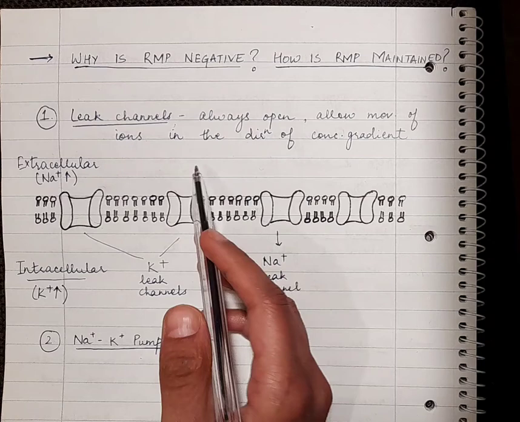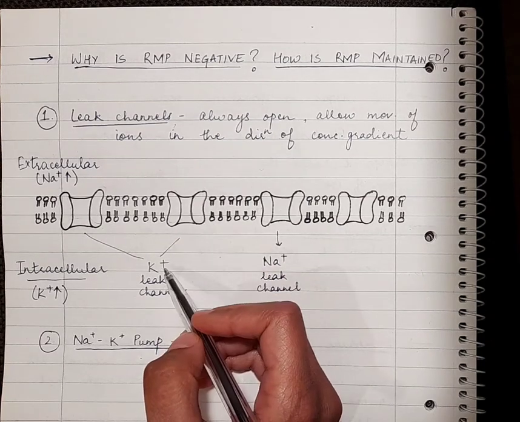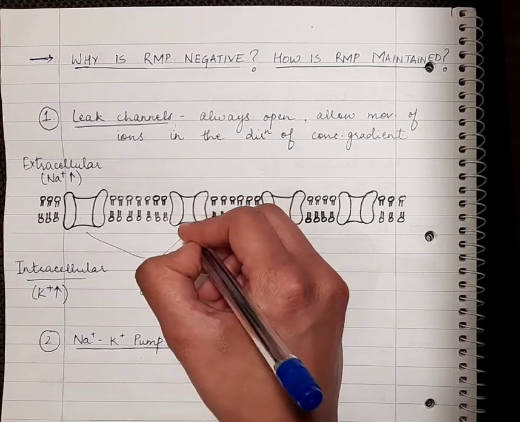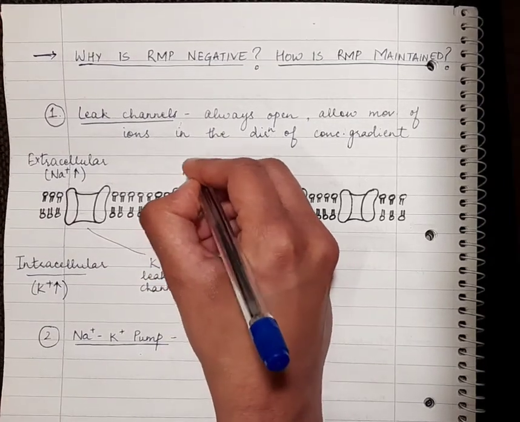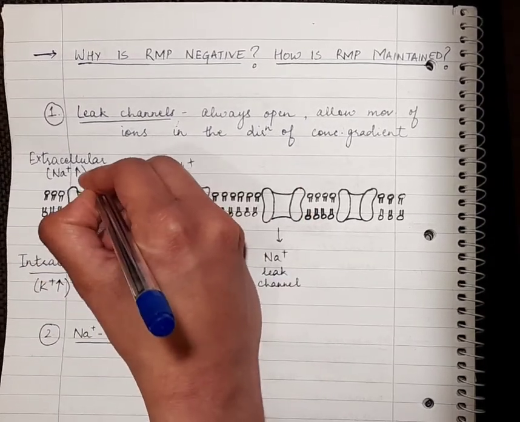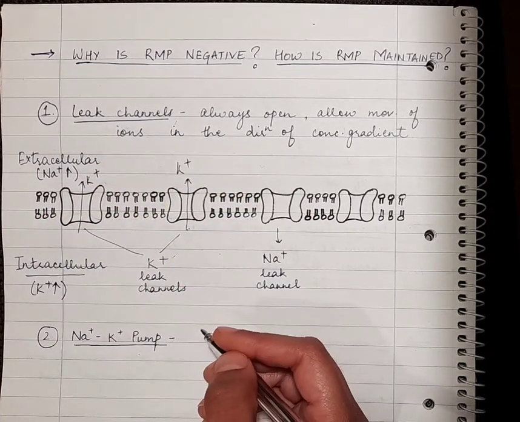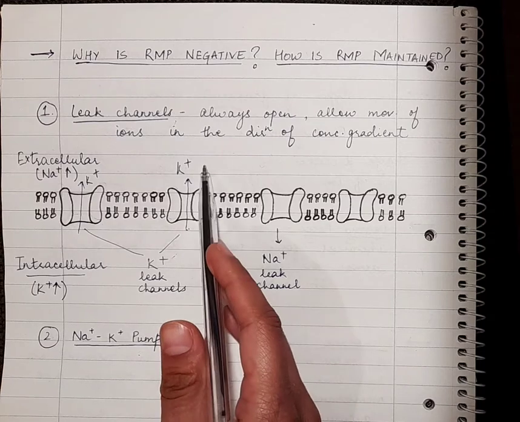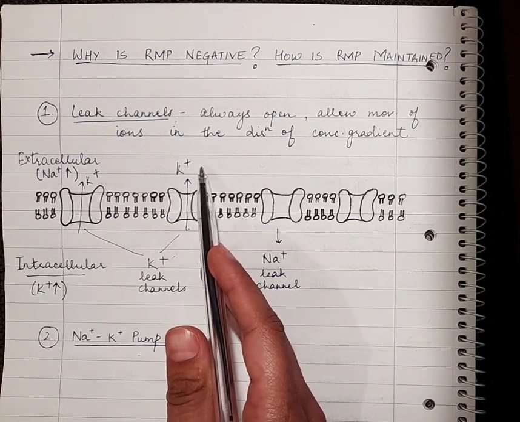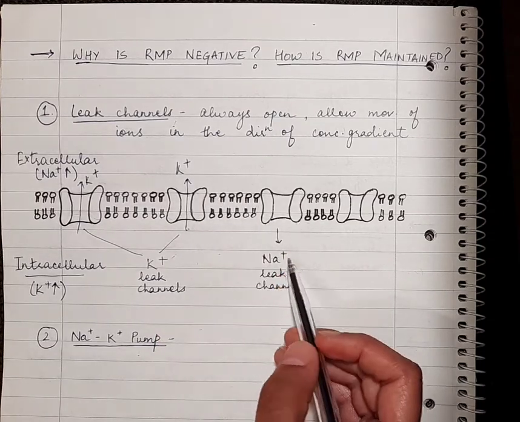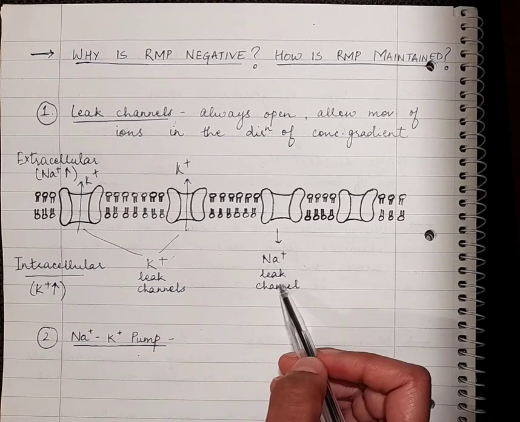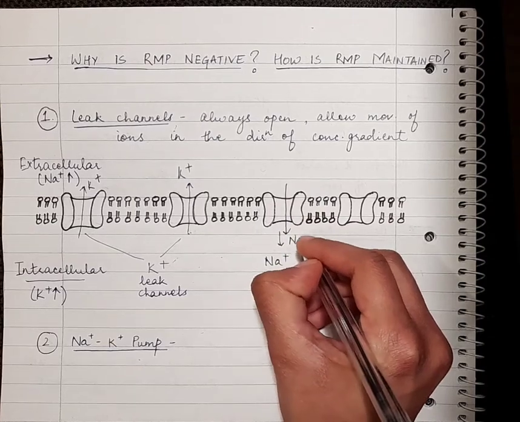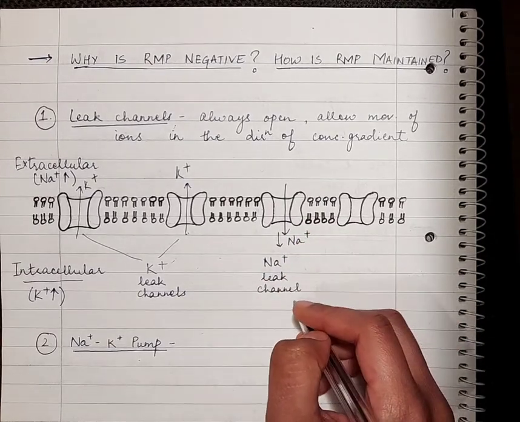So these leak channels will allow more potassium to go outside the cell. Why? Because their concentration is higher inside, so they will go to their lower concentration side. And the exact opposite will be the case for the sodium leak channel. They will allow more sodium to come inside the cell.